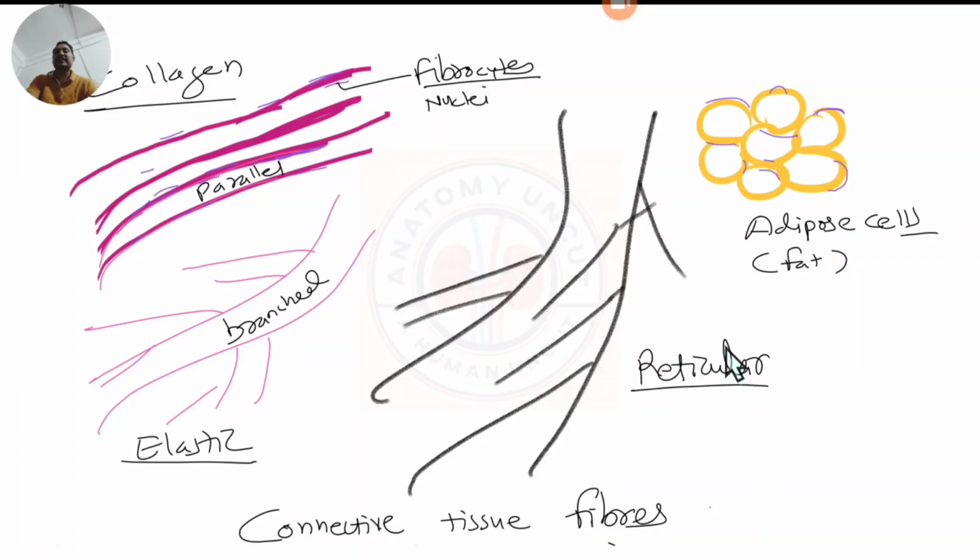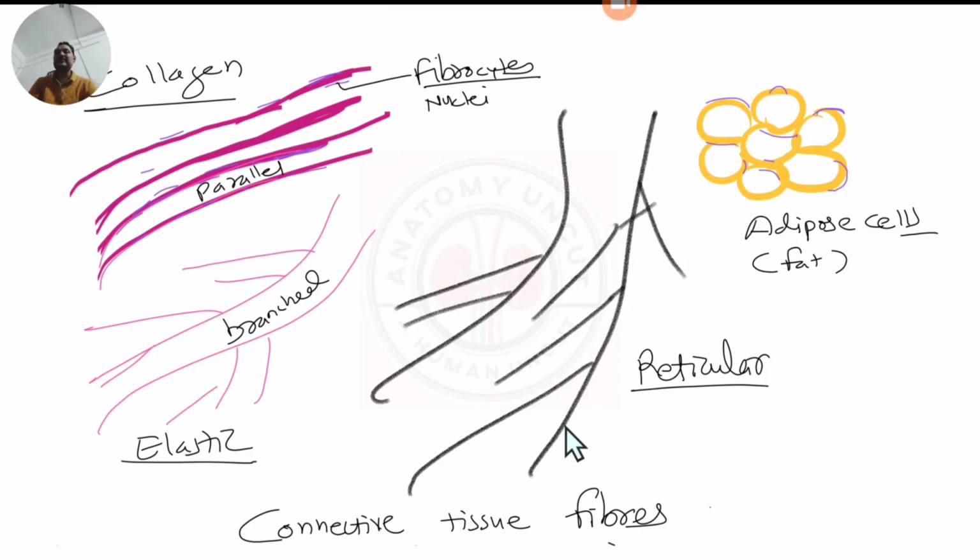So this argyrophilic fiber takes a black staining with the silver stains, and that is why these reticular fibers are seen in cellular organs, which are majorly the lymphoid organs and the liver.